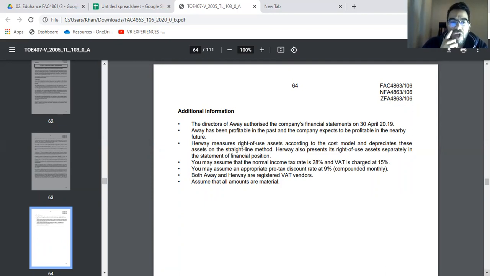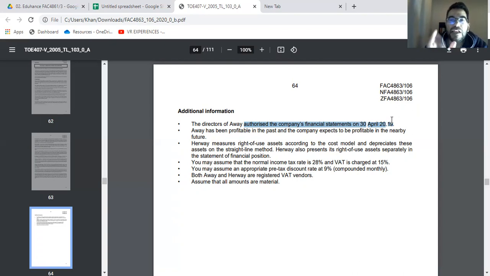So events after the reporting date is the period from year end up until the date that the financial statements are approved or authorized. So as you can see, the directors authorized the company's financial statements on 30th April 2019. So the period 1 March 2019 to 30th April 2019, that 2-month period, is considered a period where events after the reporting date can take place.